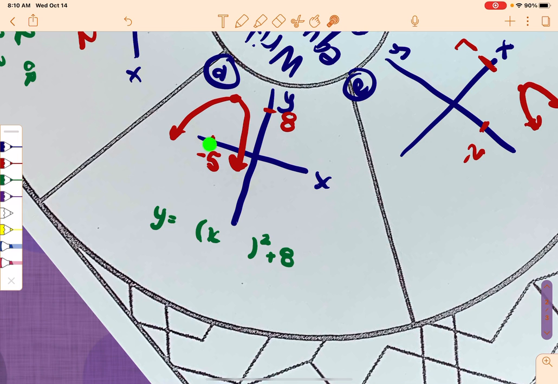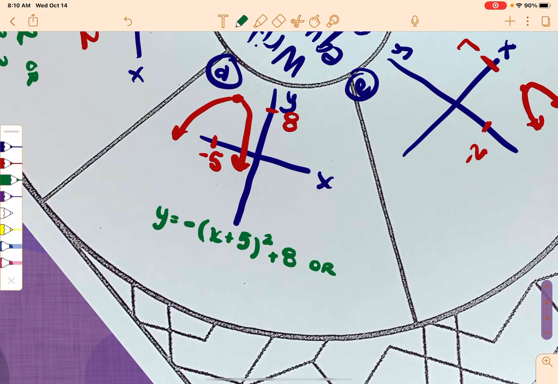And if it goes to negative 5, in here I do opposite. So positive 5. And I made the negative on the outside because it opens down. So remember, it could be this. Or it could be this.